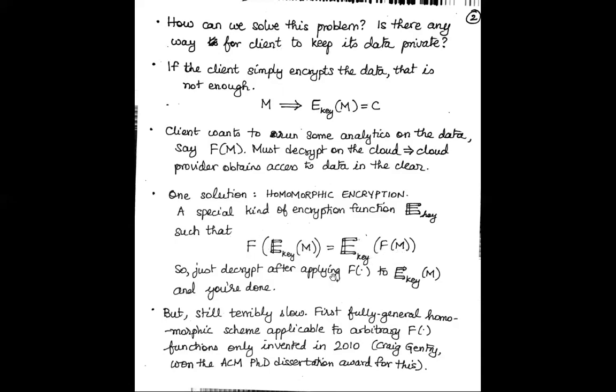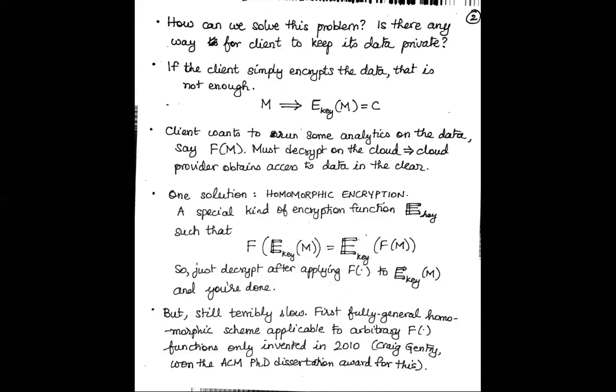Okay, so you apply the function F on the cloud, you get back the encrypted results, and then you bring that back to your side, and then you decrypt it, you get the results of applying the data analytics function.